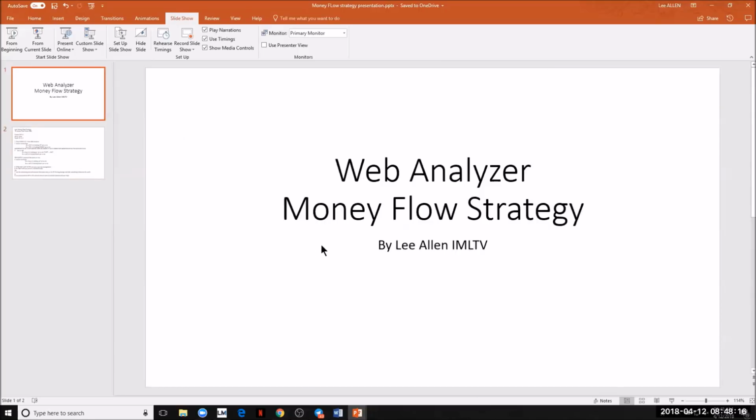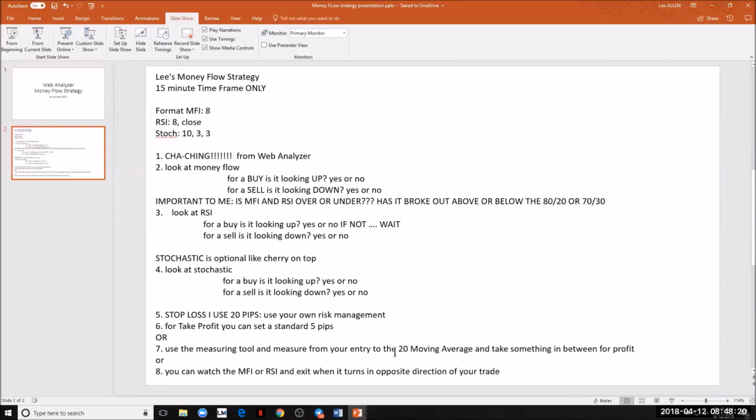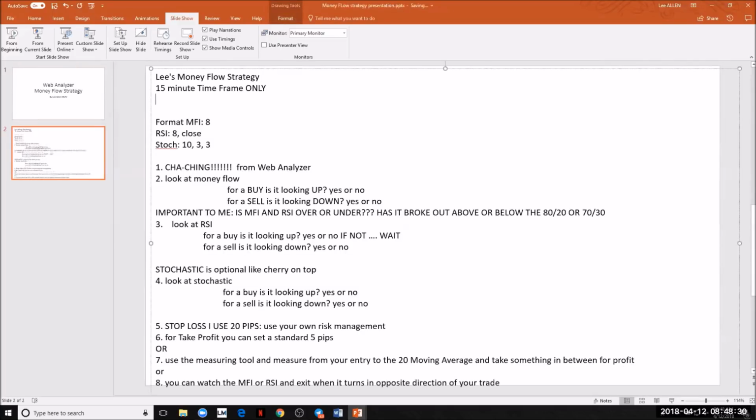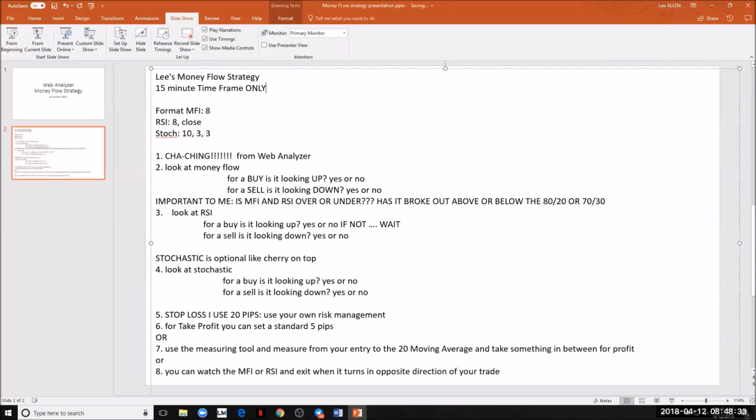This is the money flow strategy. And here are the parameters set forth right now. And I will let you know that this is for, let me type this in there as well.